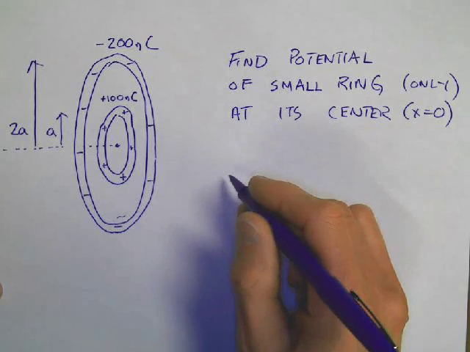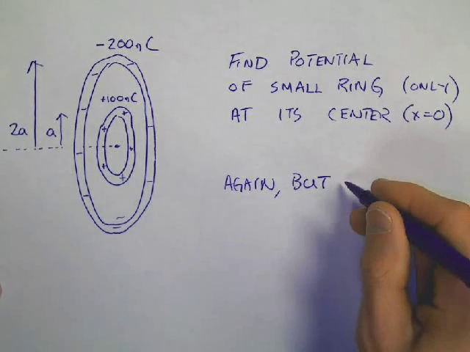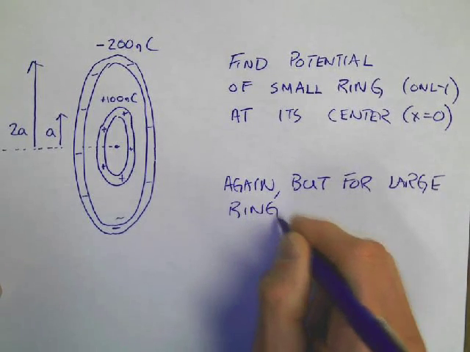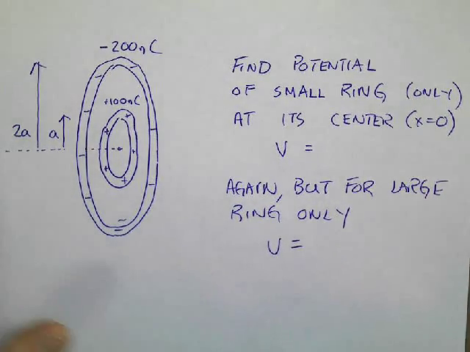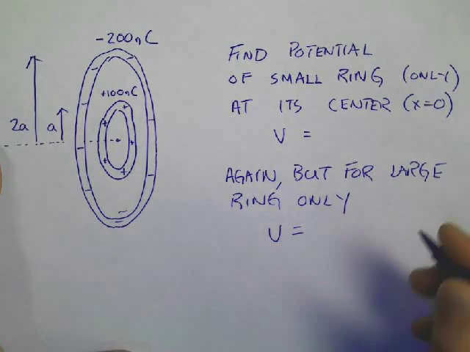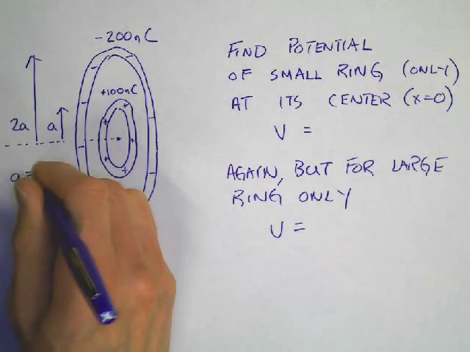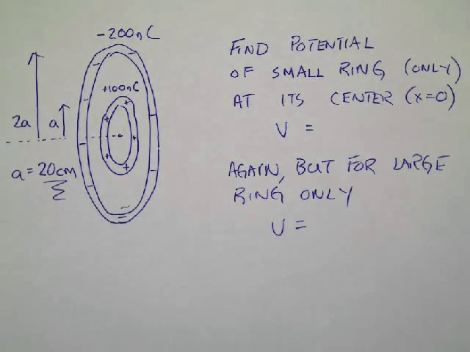Then I'd like you to go ahead and do the same for the larger ring. Okay, and I'm going to let you do that. You might want to pause the video right now, pull out a calculator and figure that out. I need to provide you with a little bit of information here. We're going to make A equal to 20 centimeters, so you'll have to use that to figure out your potentials. So go ahead and pause the video, pull out your calculator and figure out those two potentials, and we'll check back in a minute.